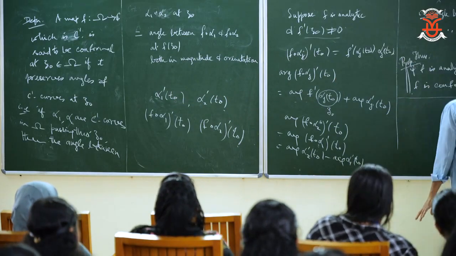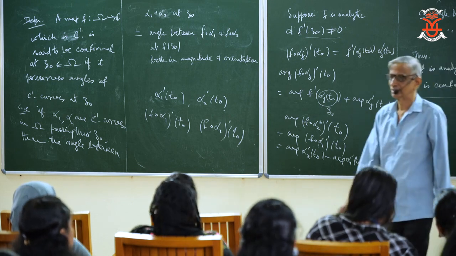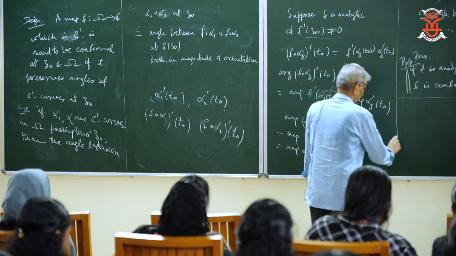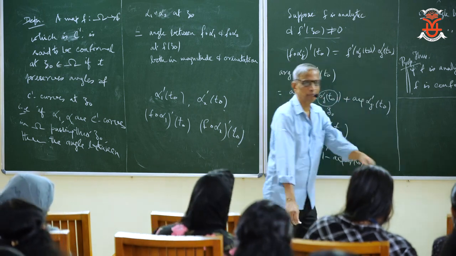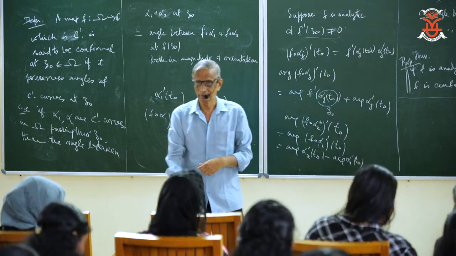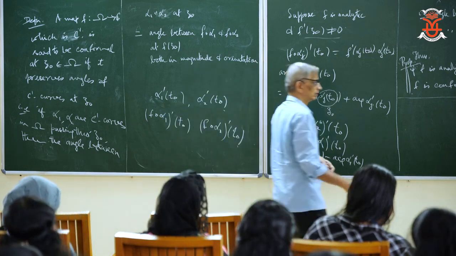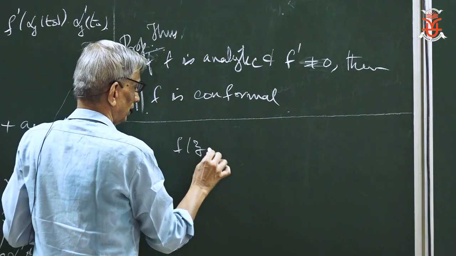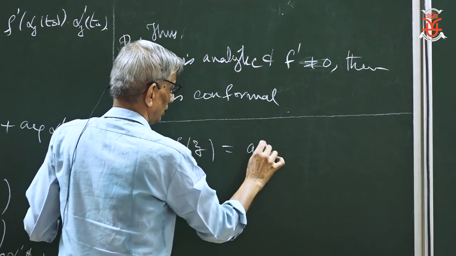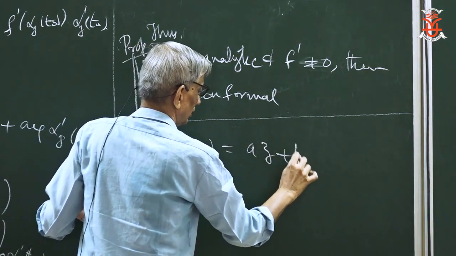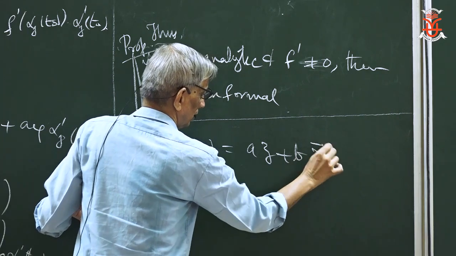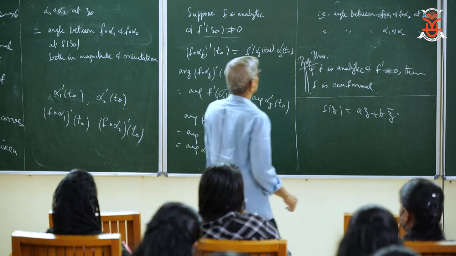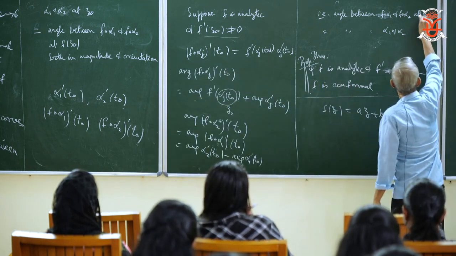But first, let's look at a simple example. Suppose f(z) at z naught, of course, is a z plus b z bar.